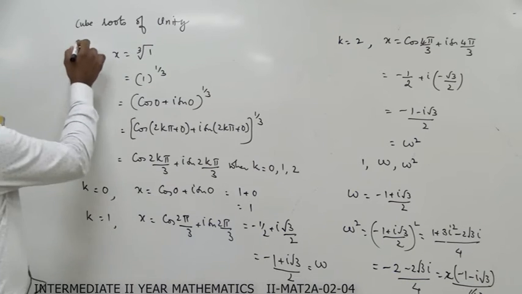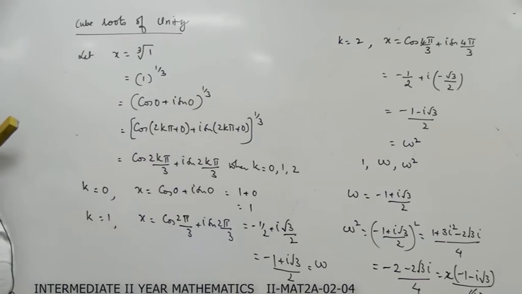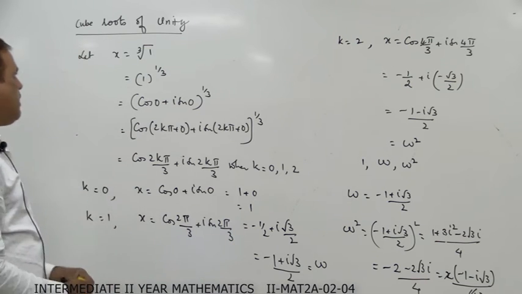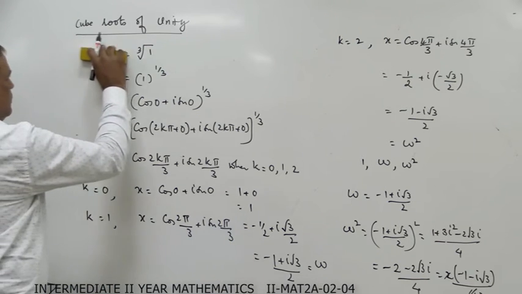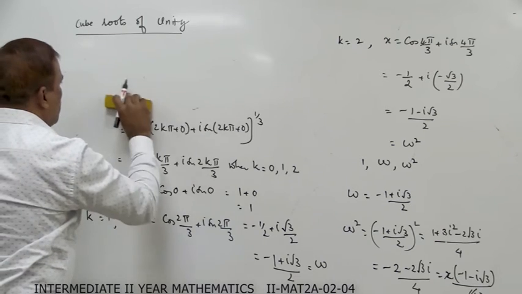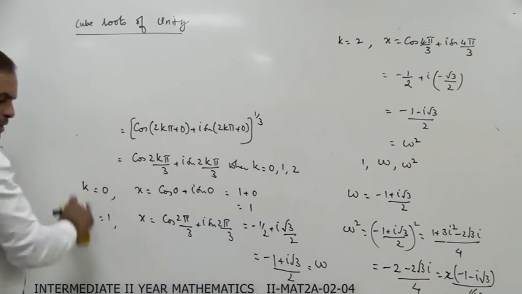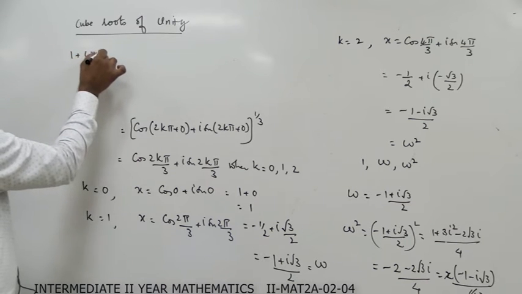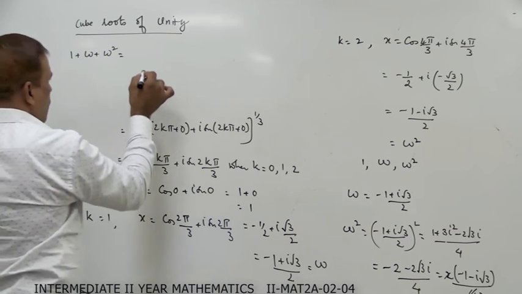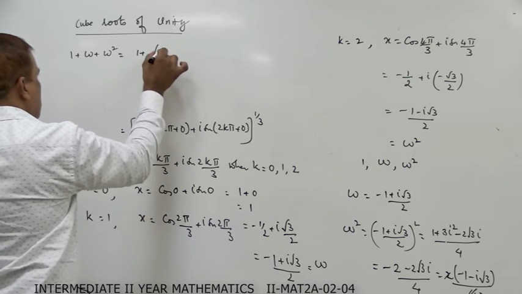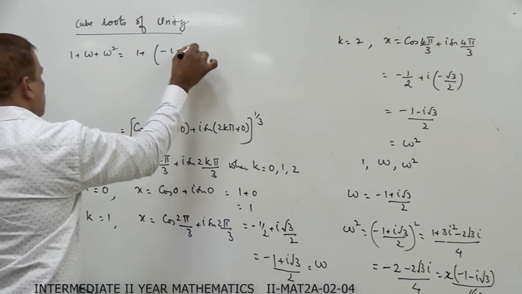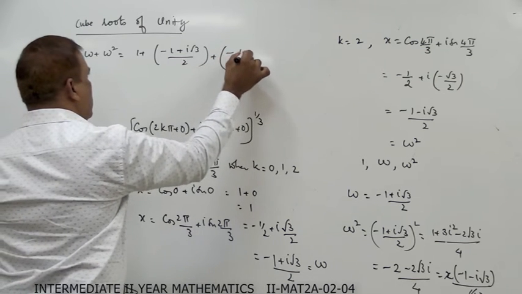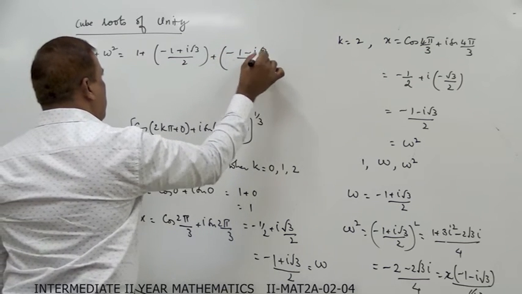It's all about cube roots of unity. Now let's find out the sum of the cube roots and the product of the cube roots of unity. Let me find out the sum of the cube roots. 1 plus omega plus omega square. Omega is minus 1 plus i root 3 whole divided by 2, and omega square is minus 1 minus i root 3 by 2.